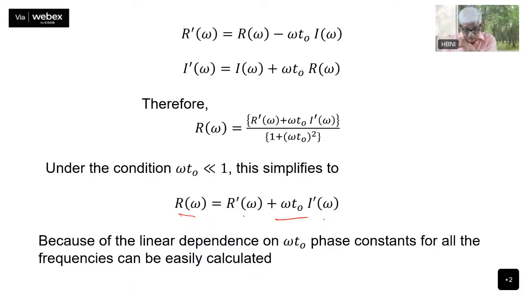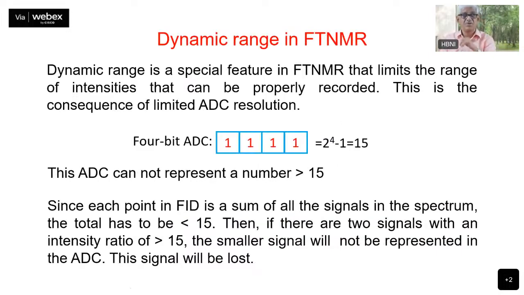But fortunately, under this condition, it is linearly dependent on the frequency, and therefore it is easier to do for all of the frequencies. And when you do that, you will get a pure phase spectrum. So that is so much for the phase correction. So we have the clean spectra, zero order phase and the first order phase.